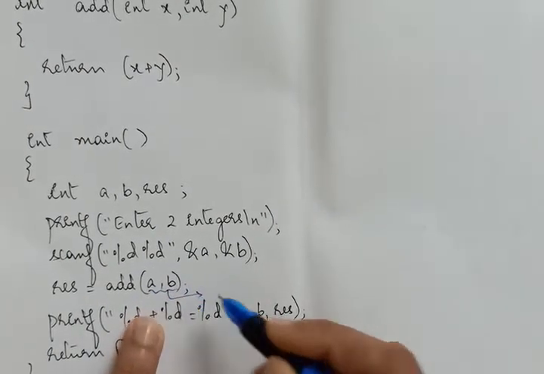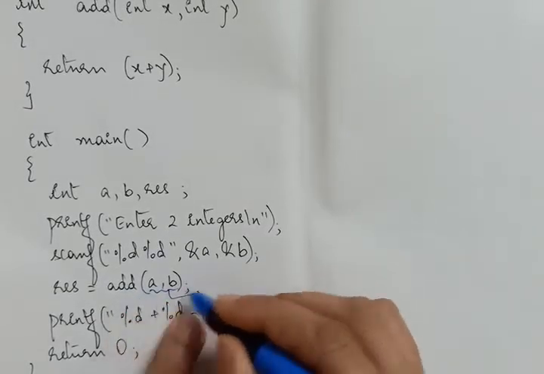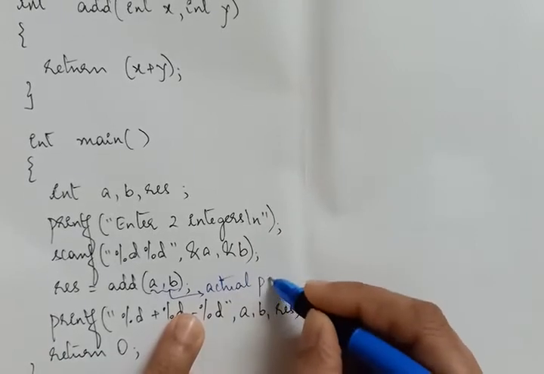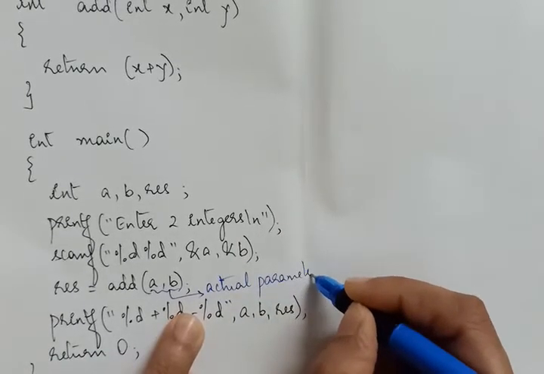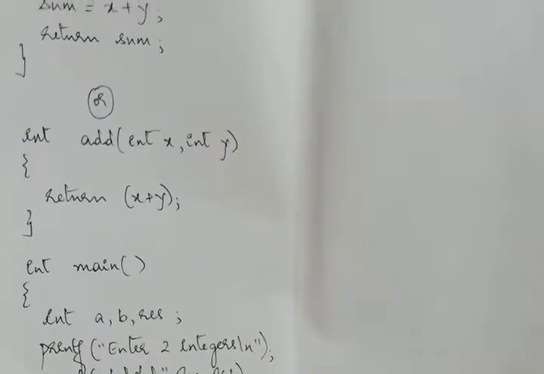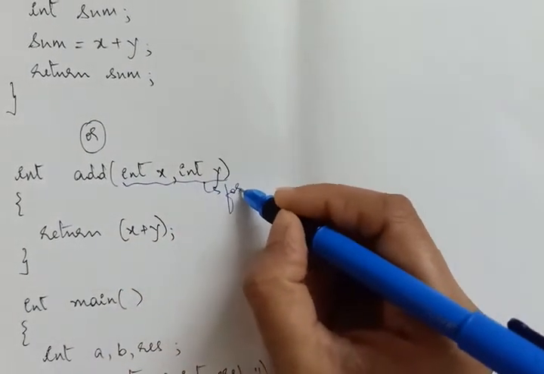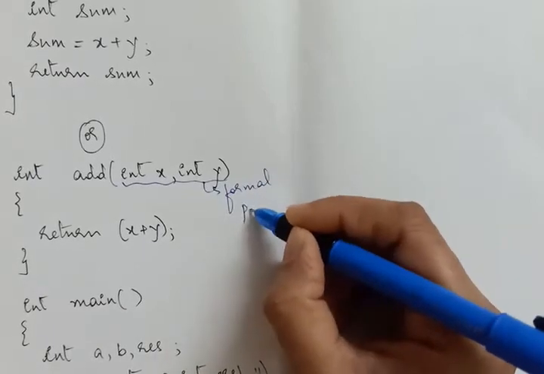The variables or whatever you pass in the function call are called actual parameters. Okay, and the ones that you receive at the function are the formal parameters.